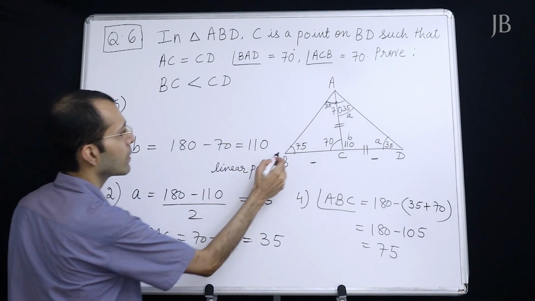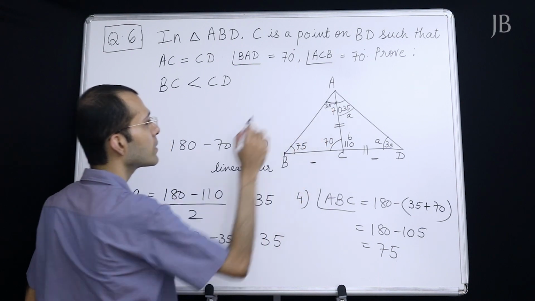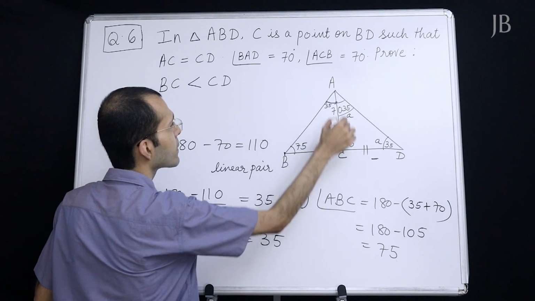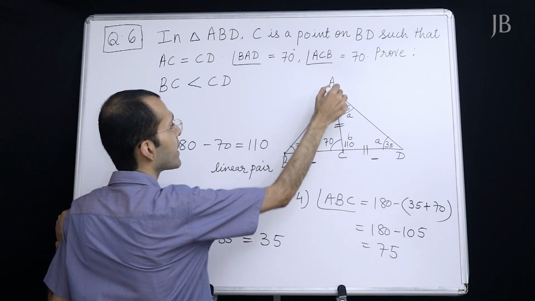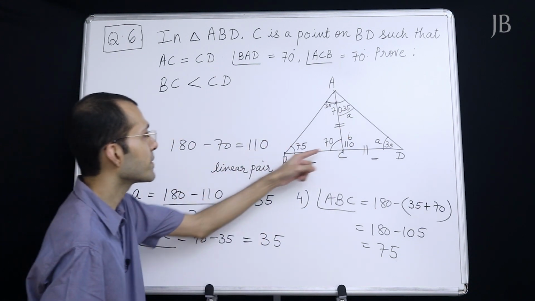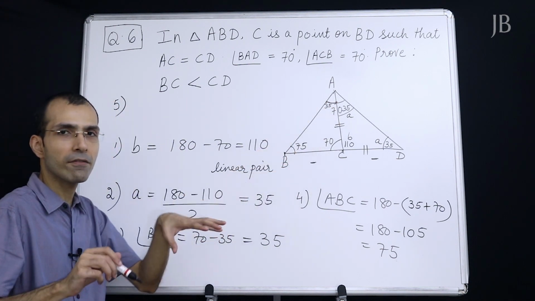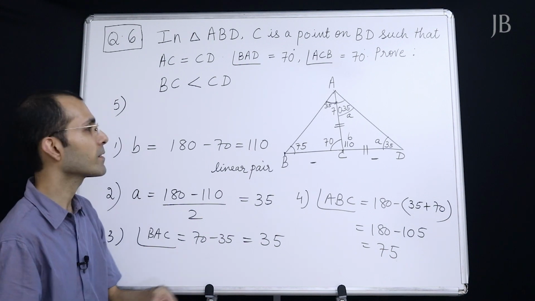Observe carefully. BC is opposite to 35. And AC, we are comparing BC with AC first, and AC is opposite to 75. BC is opposite to 35 and AC is opposite to 75 in the same triangle. So which is greater or which is lesser?